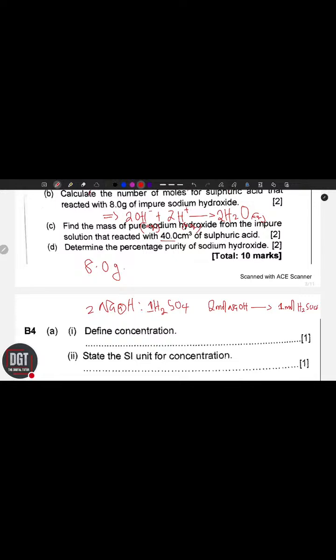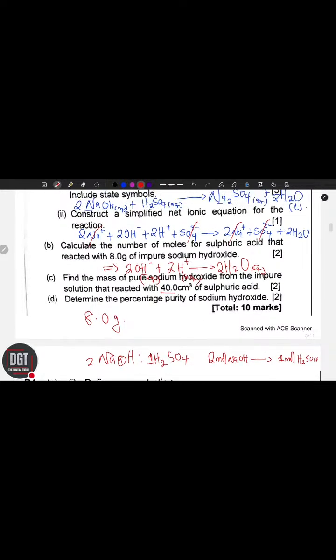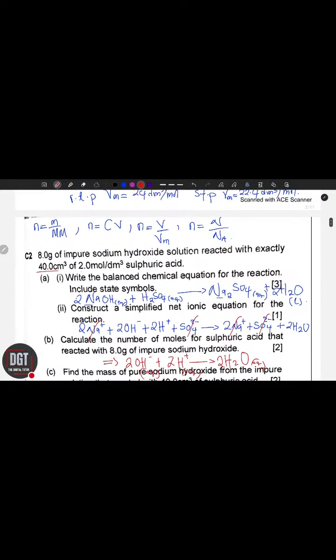Okay, what about the moles of sulfuric acid that we are going to find? So for sulfuric acid, we can find the number of moles: the volume is 40, and of course the concentration is 2. So which formula are we going to use? This one. But the volume, we need it in decimeter cubed. So 40 divided by 1000 for us to convert it into decimeter cubed. So we have 0.04.